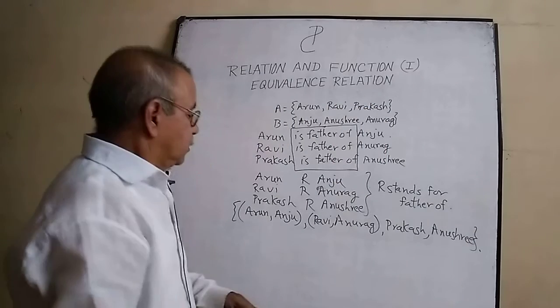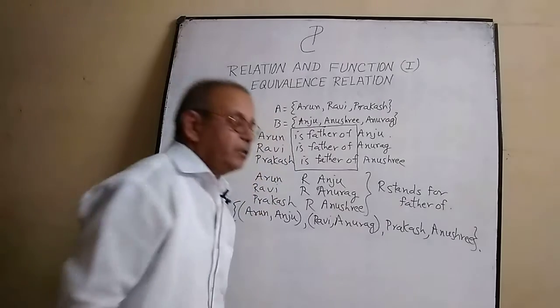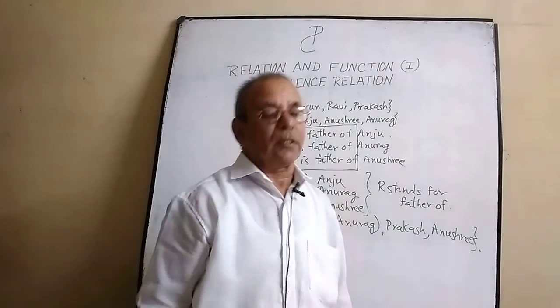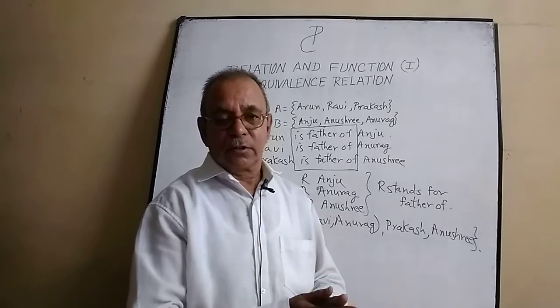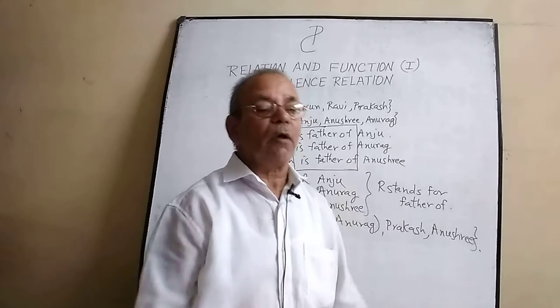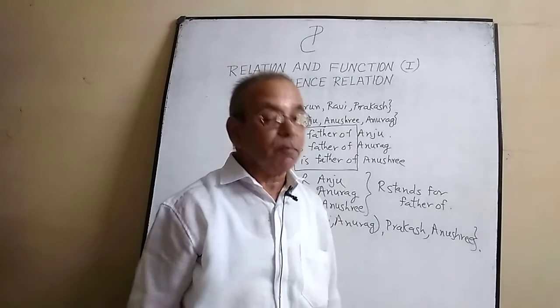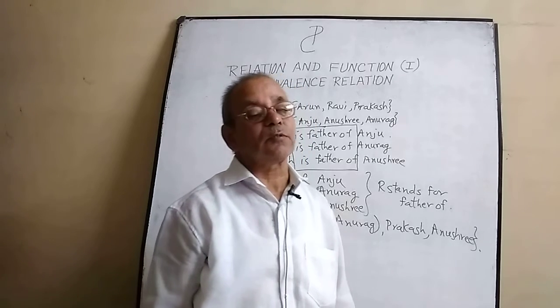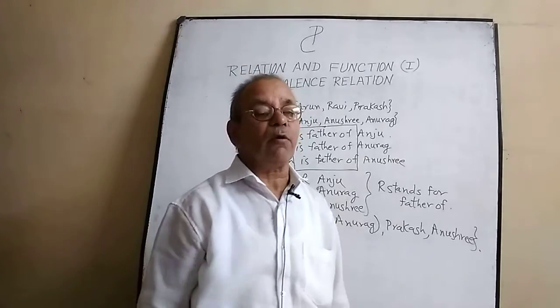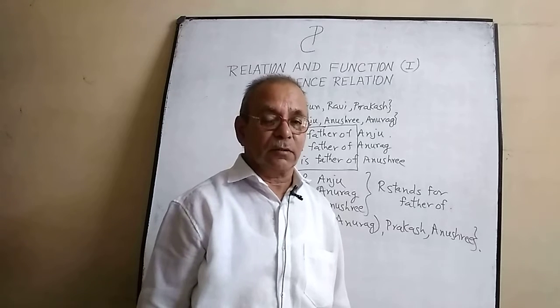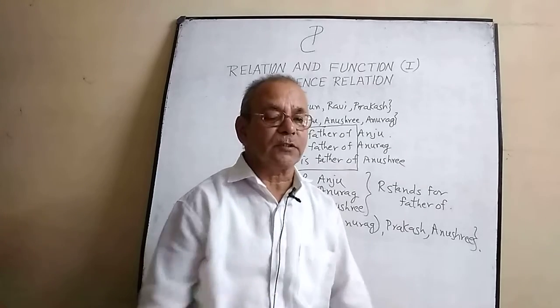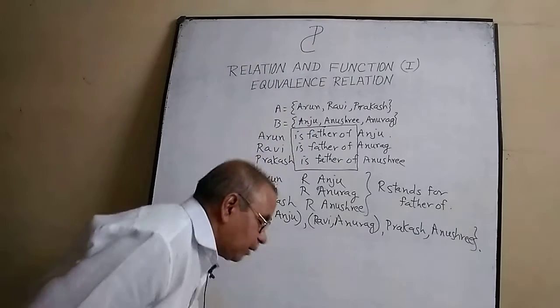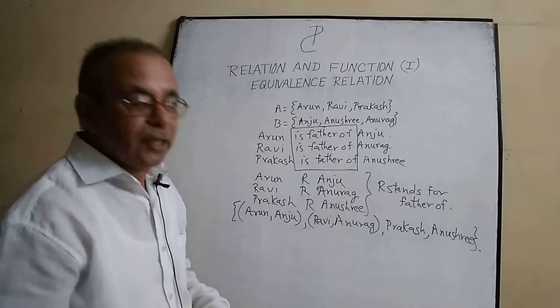Now students, we discuss the relation in mathematics. In mathematics, we take two non-empty sets, and a subset of A cross B is a relation from A to B. This is briefly the description of relation in mathematics with respect to our sets.